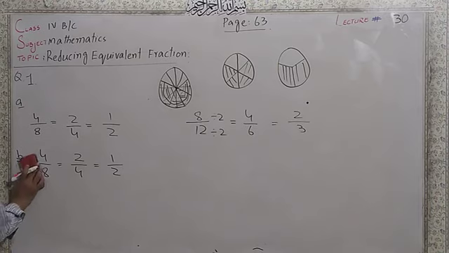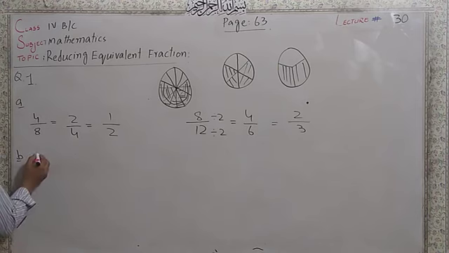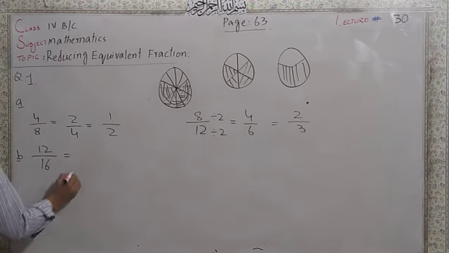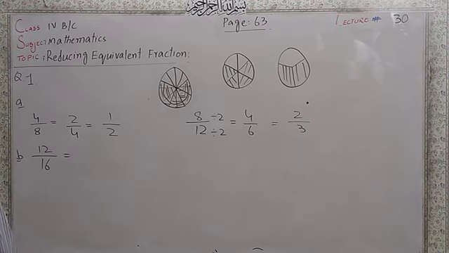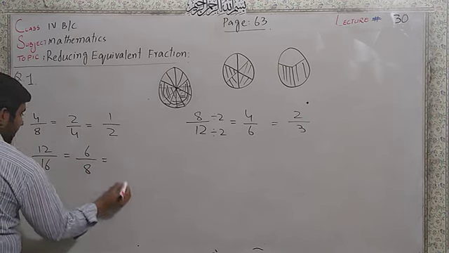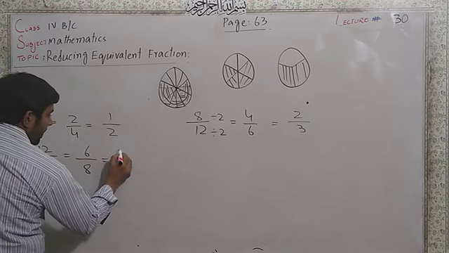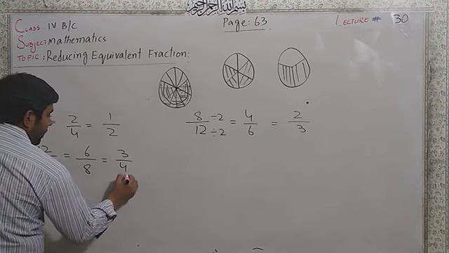This is A. Part B is total parts are 16 and colored are 12. And in the second diagram 6 are colored and total parts are 8. And in the next one 3 parts are colored and total 4.